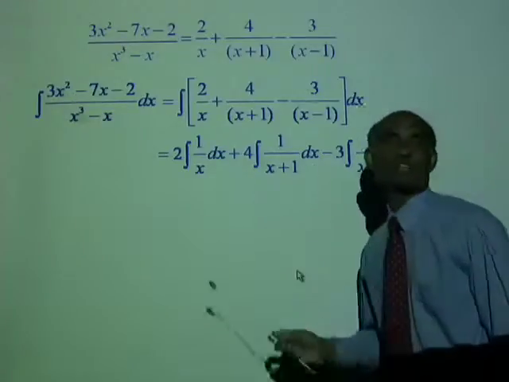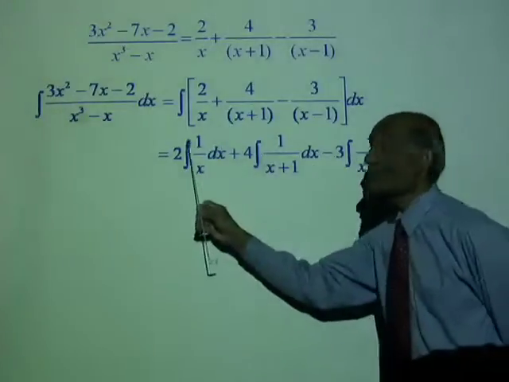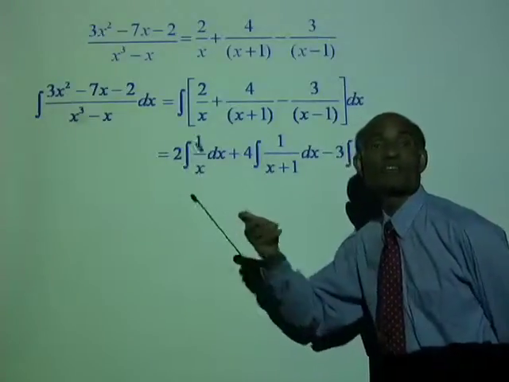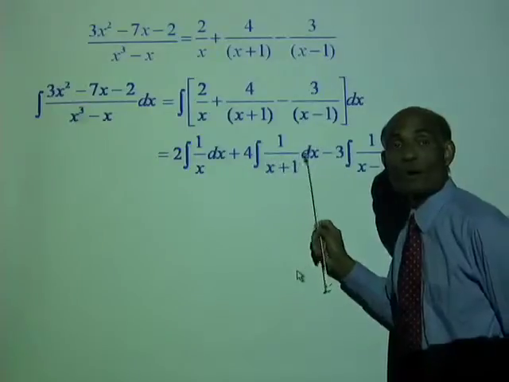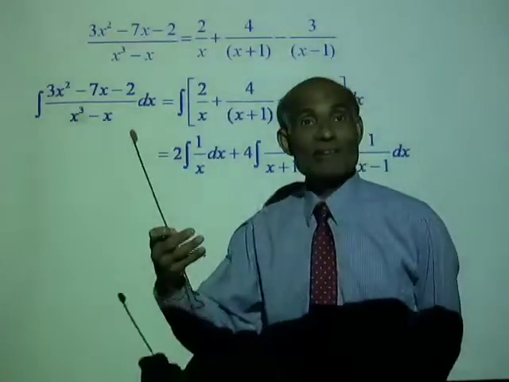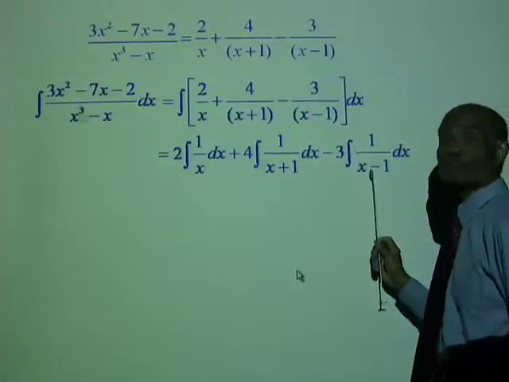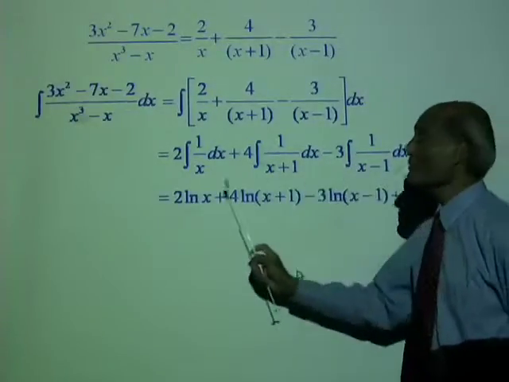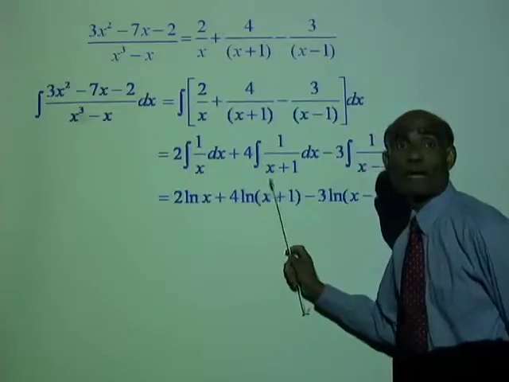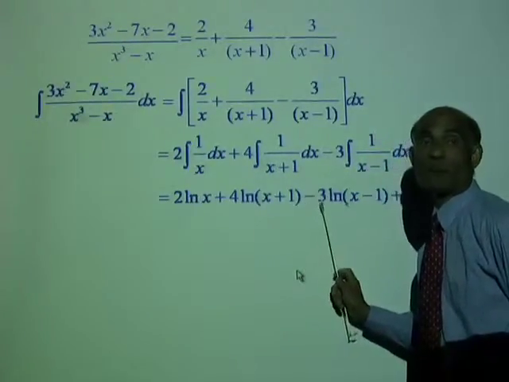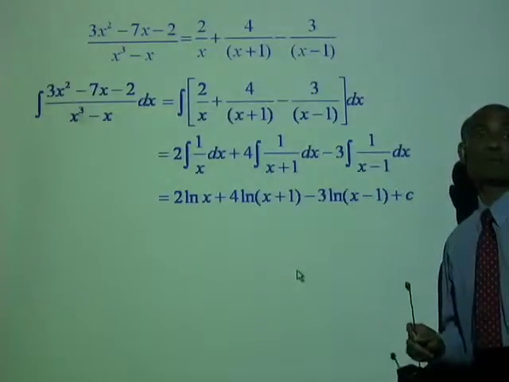Well, these actually do not need any substitution, does it? No, because integral 1 over x dx is ln of absolute value of x. Integral 1 over x plus 1 dx is ln of absolute value of x plus 1, and same here. So that will be 2 ln x plus 4 ln x plus 1 minus 3 ln x minus 1 plus c.